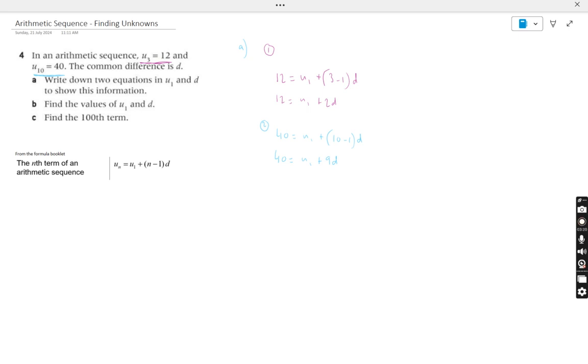Write down two equations in U1 and D to show this information. Part B is find the values of U1 and D. Okay, this is a simultaneous equations type of question. So I want to rearrange both of these equations down here to have U1 equals something. So using my second equation, if I focus on moving the positive 9D to the other side, I'm going to have 40 minus 9D equals U1.